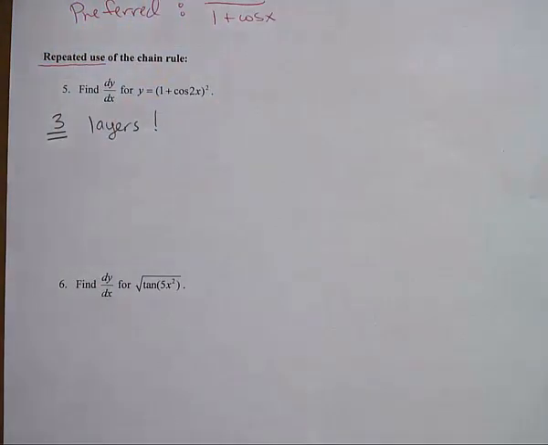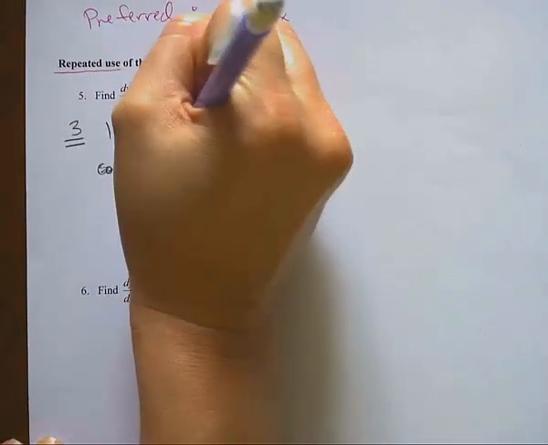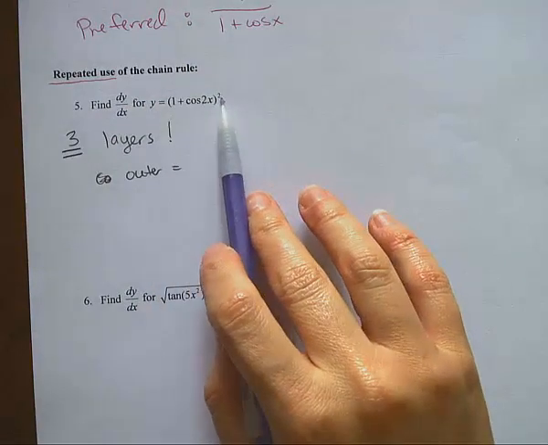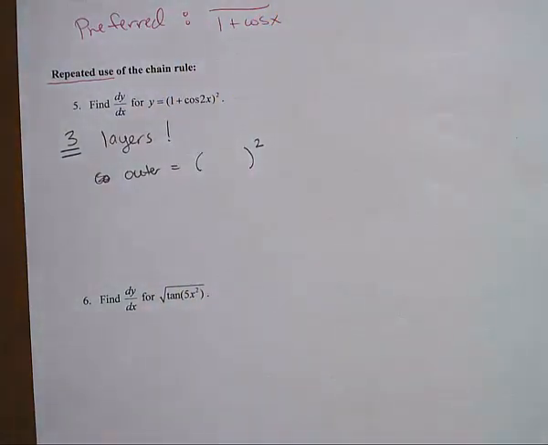This actually has 3 layers to it. And so we need to keep track of which one's the most outside, like the outermost function, the middle function, and then the innermost function. So let's keep track of all that. So it looks like the outer one is a power function because everything is being squared. So the outer function is blop squared.